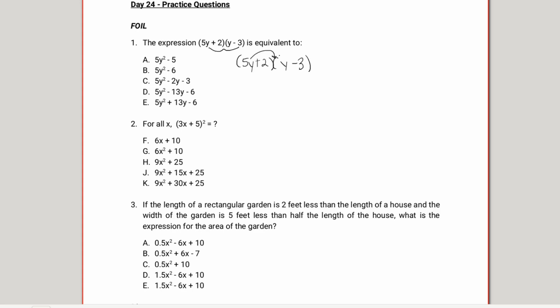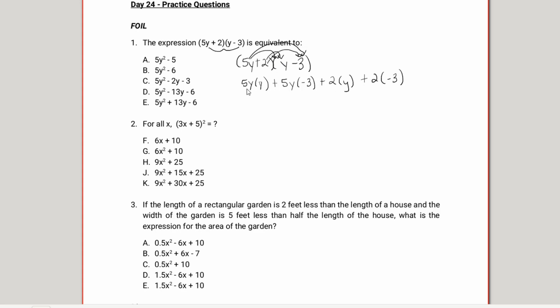I'm going to multiply 5y times y. I'll just go ahead and write each of these out. Then I'm going to multiply 5y times a negative 3. Then we'll do the 2 times y, and then the 2 times the negative 3.